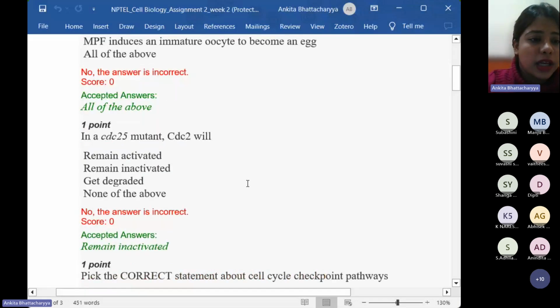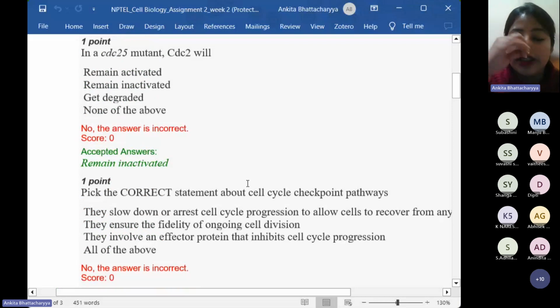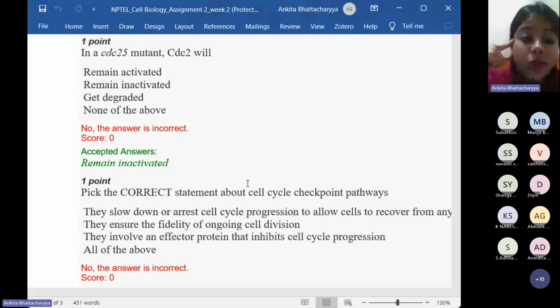Second, in a CDC25 mutant, again, this is a very gene specific question. So in a CDC25 mutant, CDC2 will A, remain activated, B, remain inactivated, C, get degraded, or D, none of the above. So if you remember CDC25, it was a phosphatase. What does that mean? It removes phosphate.